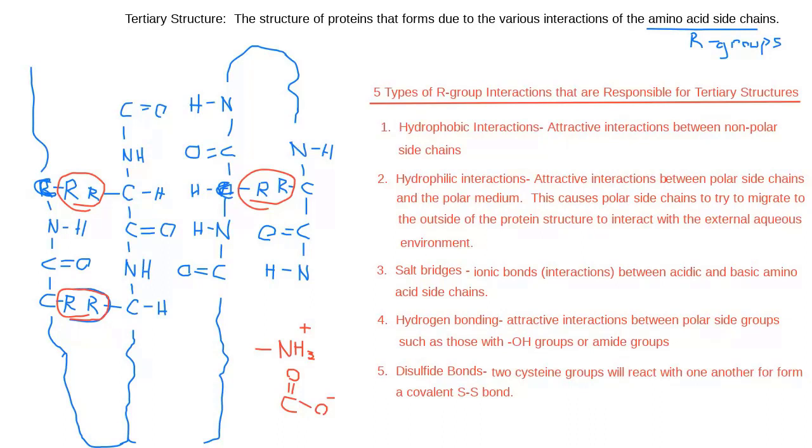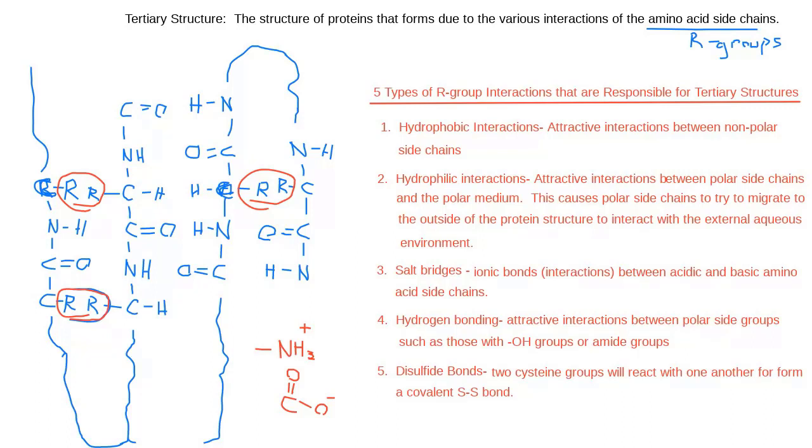Even though cysteine is only one of 20 amino acids, just a few of these amino acids that link up in a protein structure can add significant strength to the tertiary structure because they're covalent bonds.